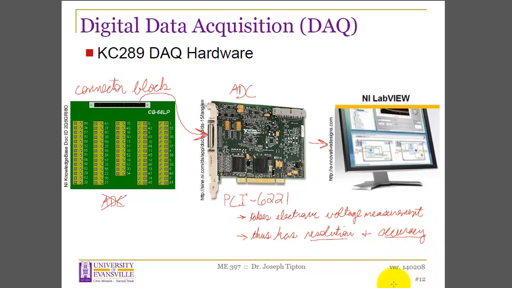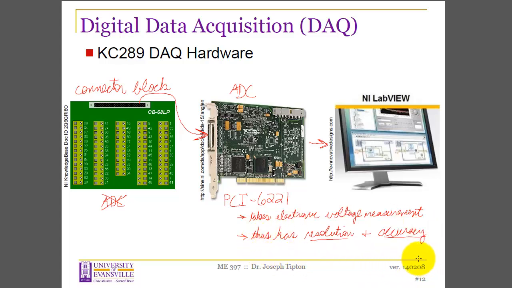So if we are going to measure anything with this system, our instrument that connects to the connector block might have its own accuracy information, which leads to an uncertainty measurement or error estimation. Well, our analog to digital converter system is also going to have uncertainty due to its errors and resolution.